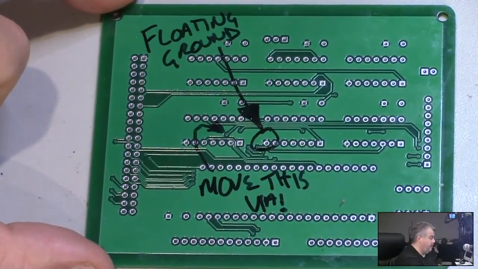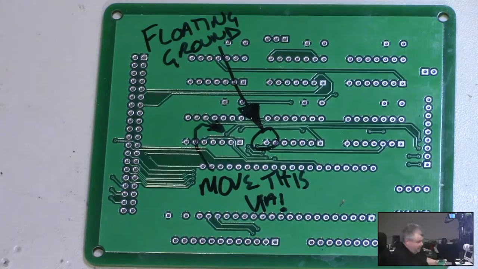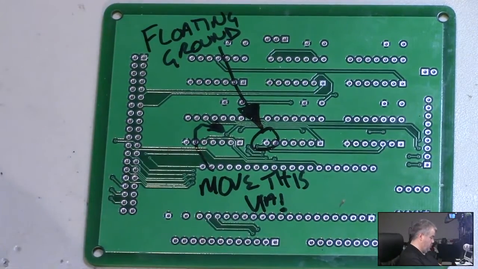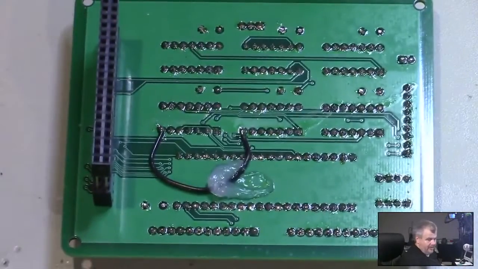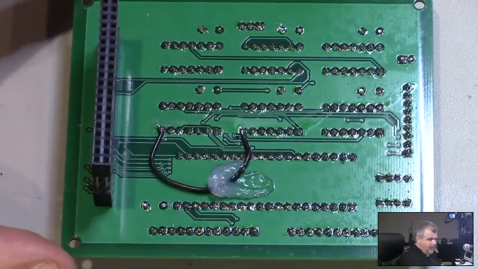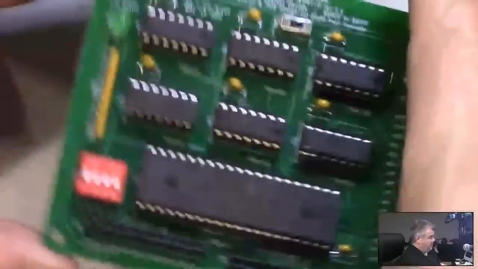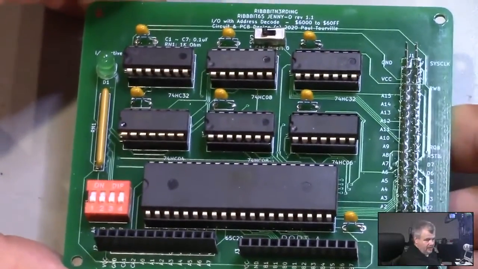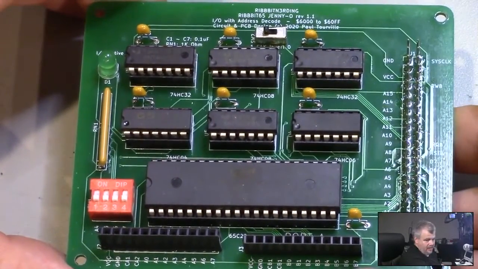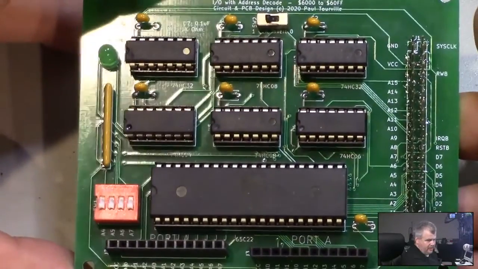But fortunately, this is sufficiently not terrible that I was able to bodge it with a little hunk of wire and a little bit of RTV, and that fixed it. So this is the finished Genio.